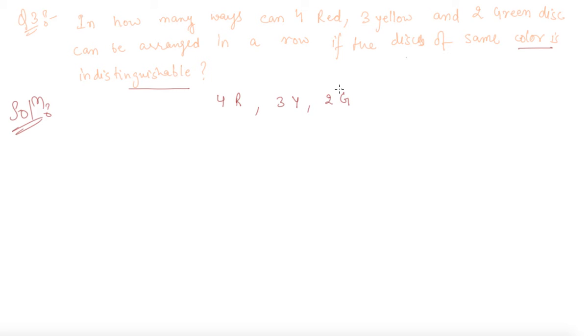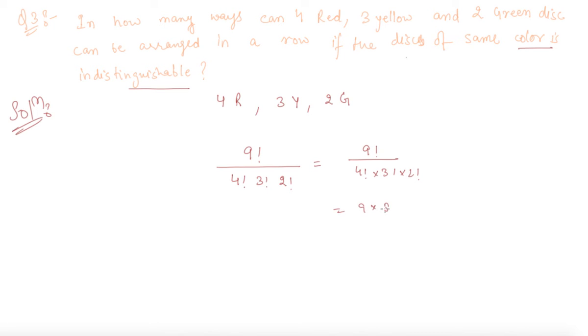So there are a total of 9 discs, and for the discs which are repeating, we can divide. Students, this is a simple way. I think now you can easily solve these types of questions.